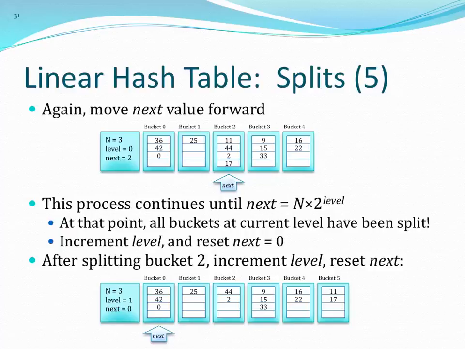Because with extendable hashing, we can expand the exact bucket that needs the help. So if we have a situation where one bucket starts to get over full, we can directly resolve that issue immediately. But linear hashing doesn't quite have that characteristic. It is able to grow the hash table very smoothly without having to rehash everything.